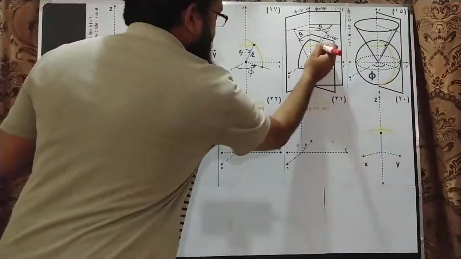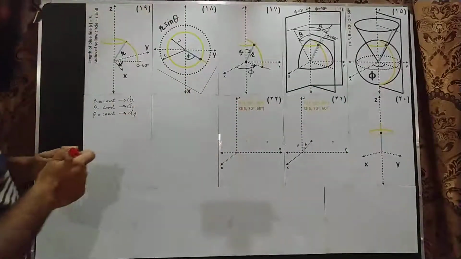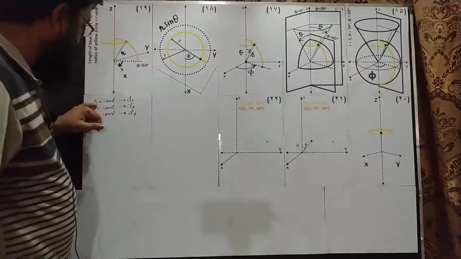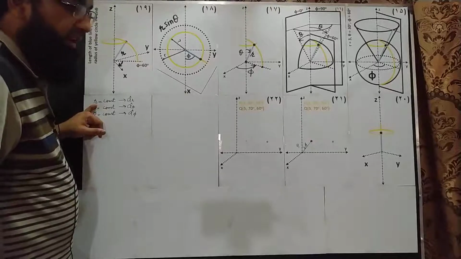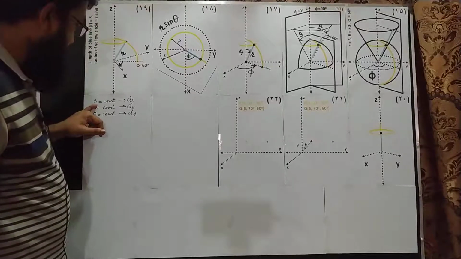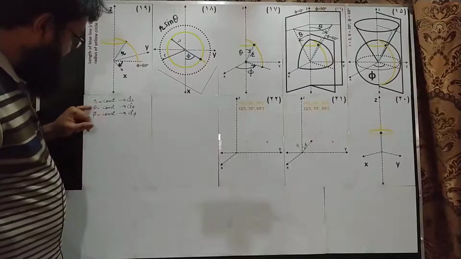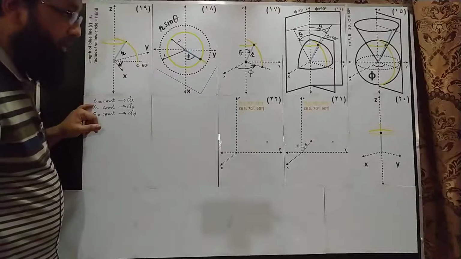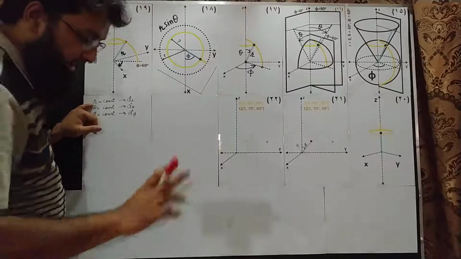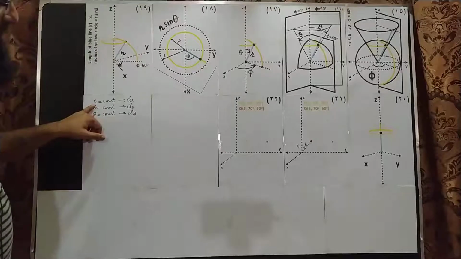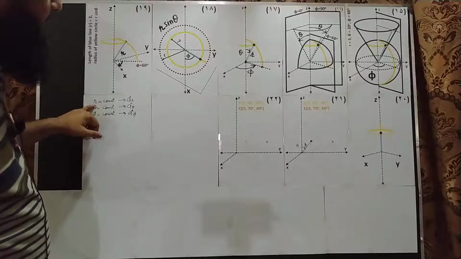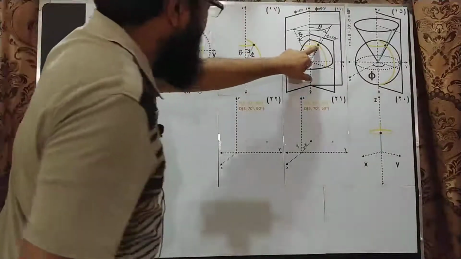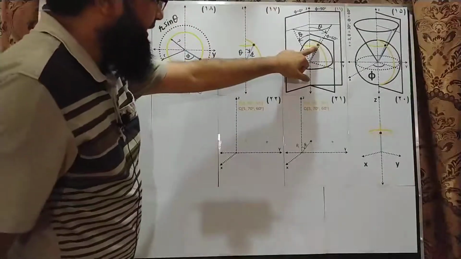If in that direction I move, only the value of r changes and theta and phi must remain fixed, and not only that r should change, but r should also increase. So these are the conditions which I must meet.